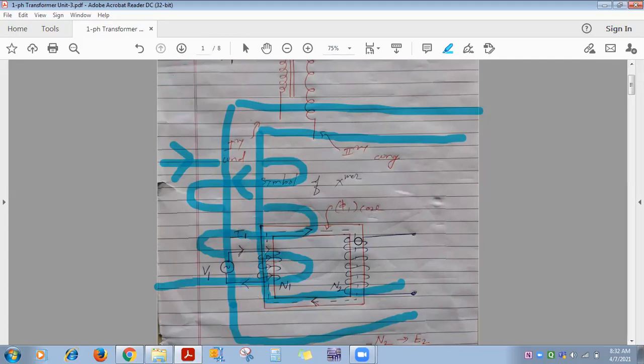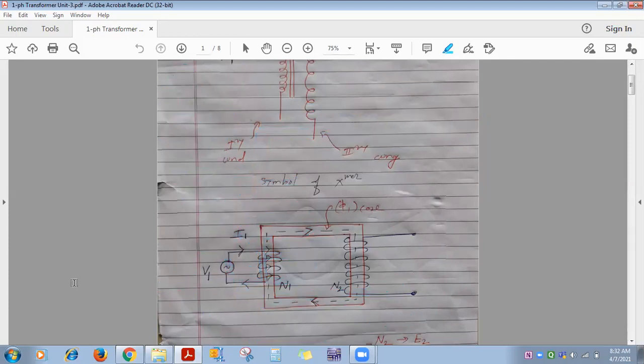Yes, ma'am. Okay. So see here, if you point your fingers along this coil, you will find the thumb is pointing upward. That's why flux through the central limb will flow in upward direction. Then it will move like this, and like this.